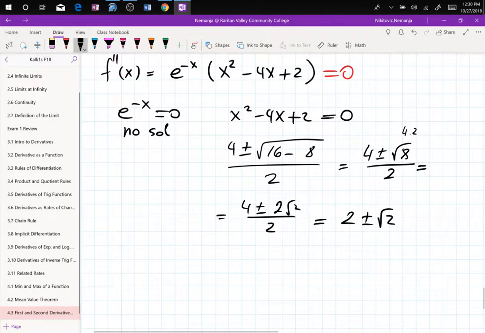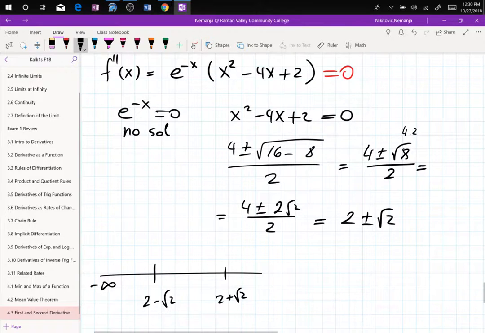When I partition now, I go from negative infinity to 2 minus root 2, to 2 plus root 2, to positive infinity. So my partition is now these values. Now root 2 is about 1.4, so 2 minus 1.4 is about 0.6.